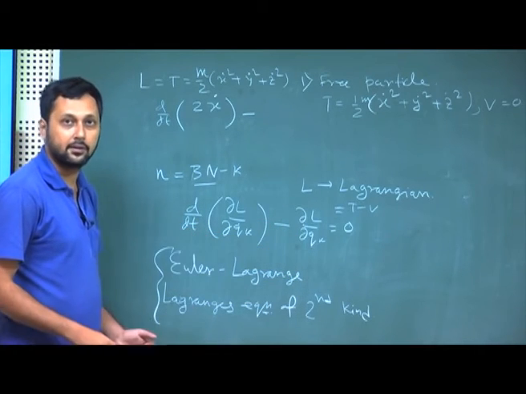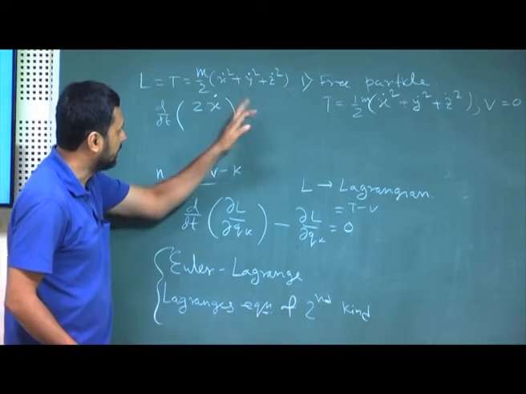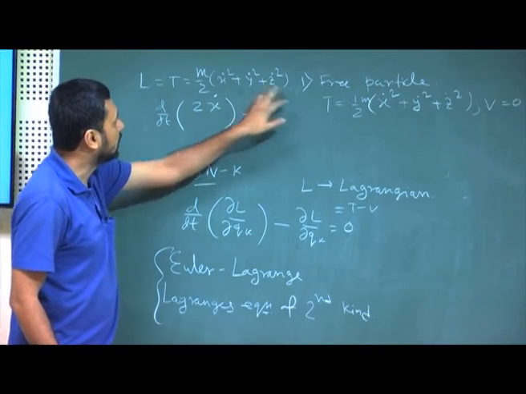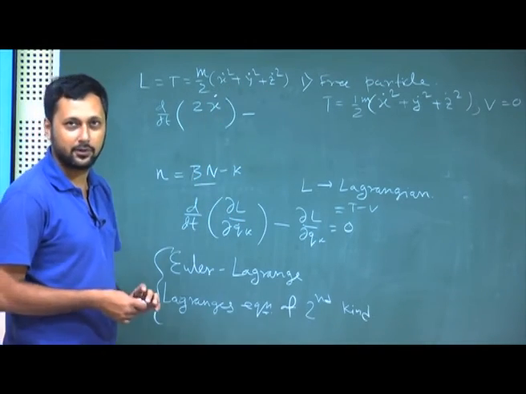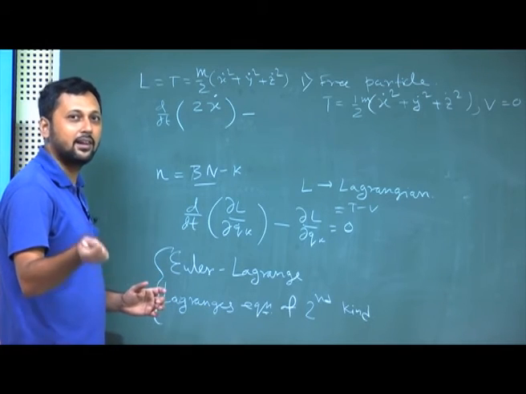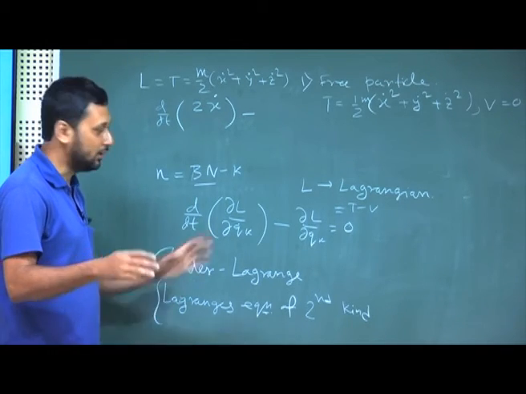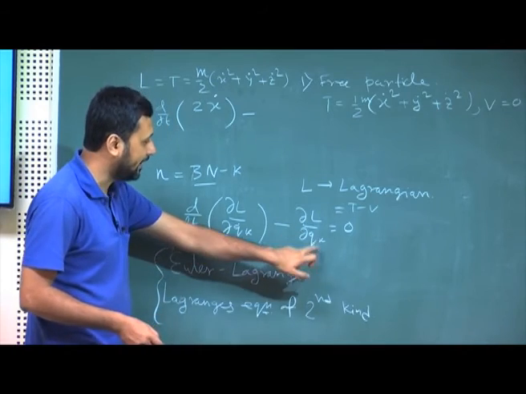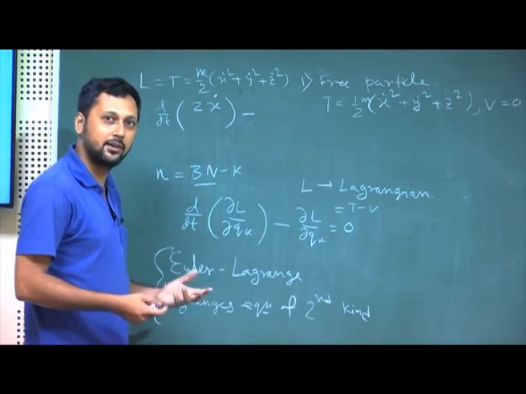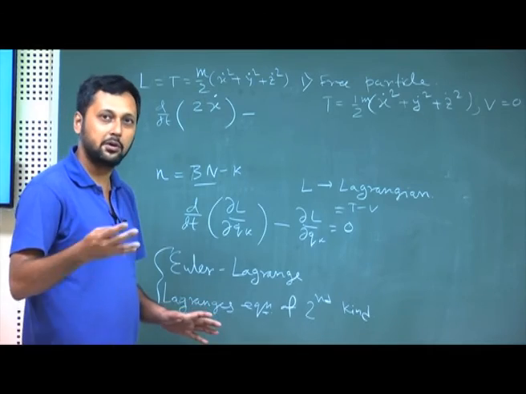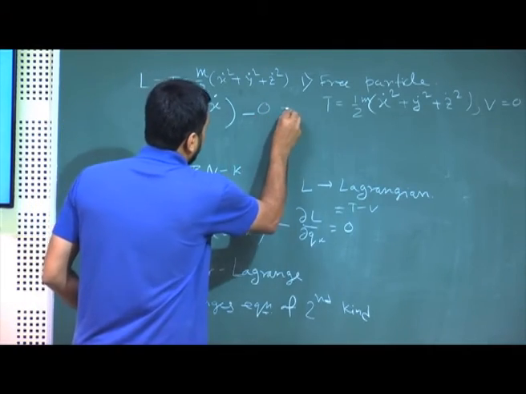There is no q dependence. In this Lagrangian nowhere do x, y and z come. So, del L del q_k for all the q_k's. Right now the q_k's are x, y and z. So, del L del x equals 0, equals del L del y, equals del L del z. So, we have 0 equal to 0.